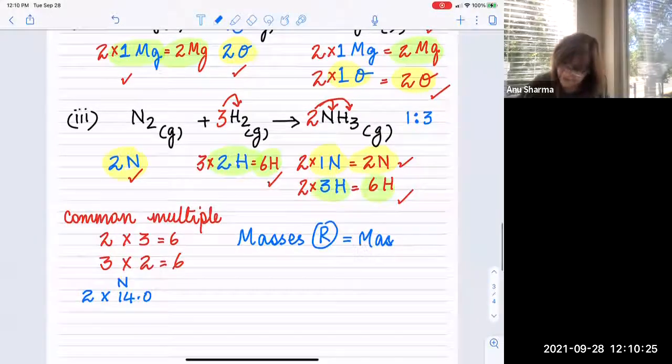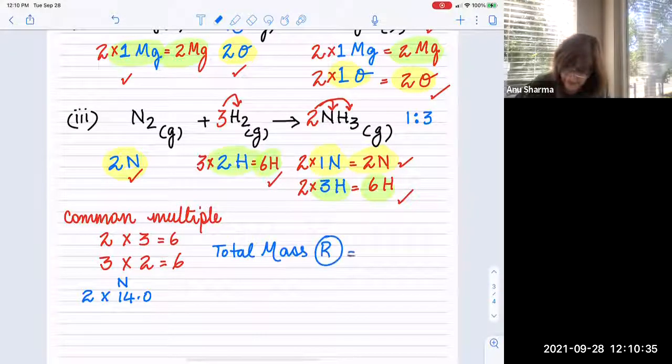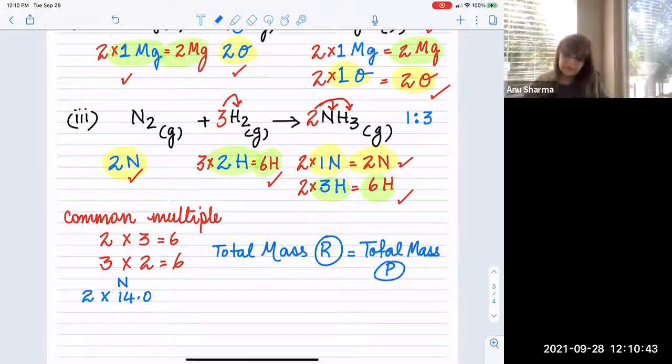Total mass on the reactant side is equal to the total mass on the product side. Same.